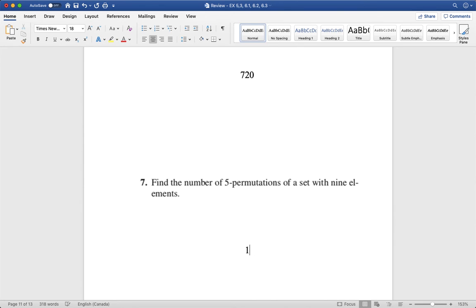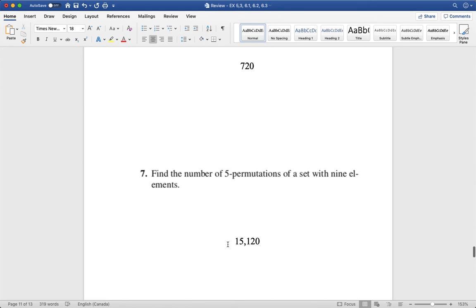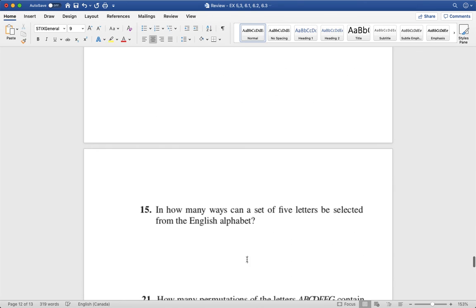So that will be 15,120. Okay, next one. In how many ways can a set of 5 letters be selected from the English alphabet? We know that there are 26 letters, and we want to know the number of ways a 5-letter set can be selected from that, so it will be 65,780.